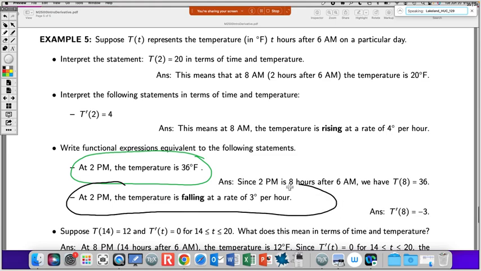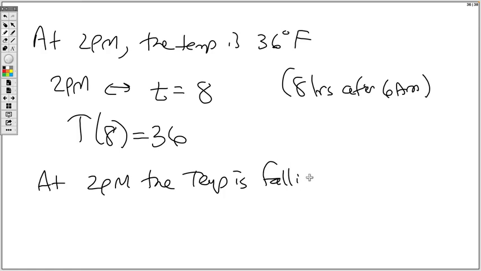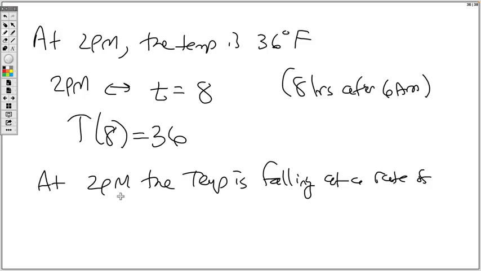At 2 p.m., the temperature is falling at a rate of 3 degrees per hour. So at 2 p.m., the temp is falling at a rate of 3 degrees per hour. Okay.